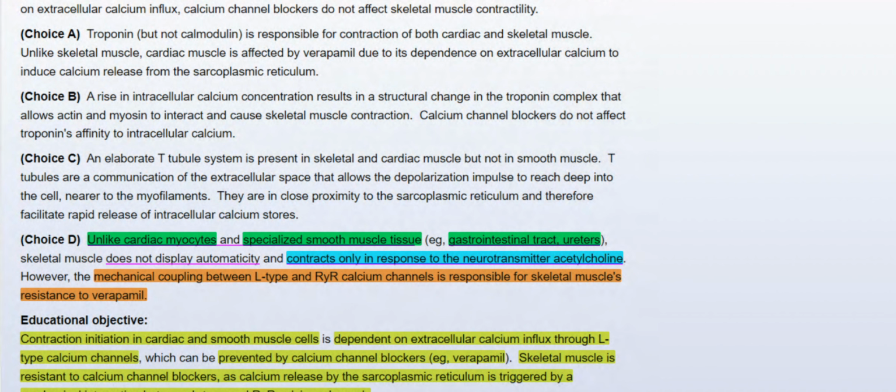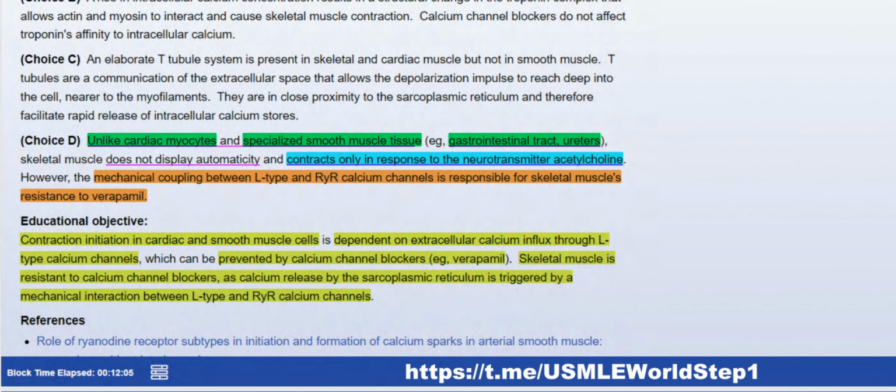However, the mechanical coupling between L-type and RYR calcium channel is responsible for skeletal muscle's resistance to verapamil. So, contraction initiation in cardiac and smooth muscle cells is dependent on extracellular calcium influx through L-type calcium channels, which can be prevented by the calcium channel blocker verapamil.